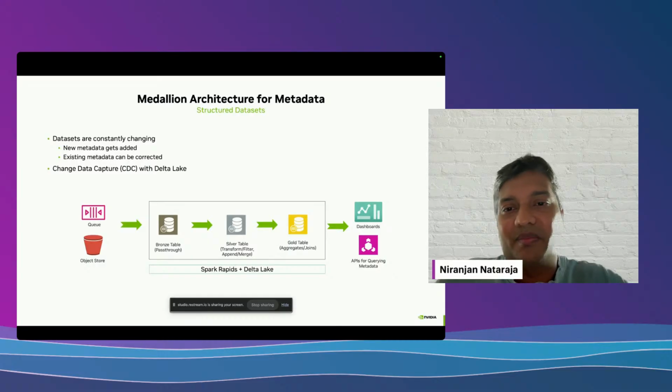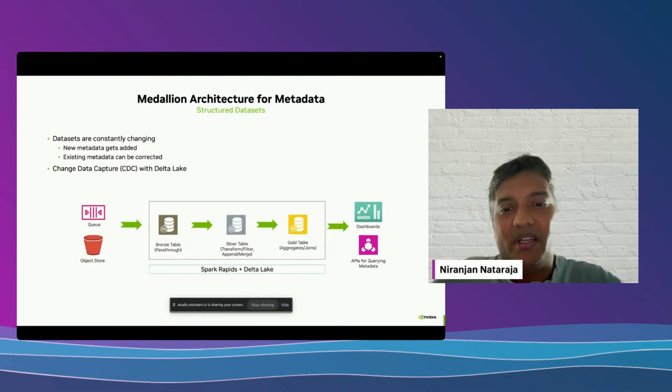So one of the things that we found really useful was having this medallion architecture for handling metadata. So users generally, or AI assisted labeling generally sends the data to a queue or to object store, and from there we process it through three stages: bronze, silver, and gold. And bronze is mainly just consuming in from the queue as soon as possible. It's just like a pass through.